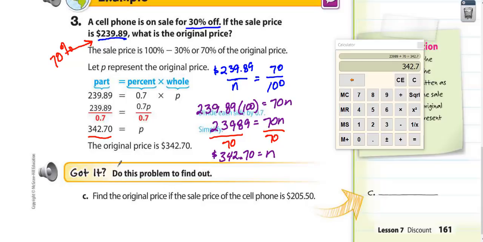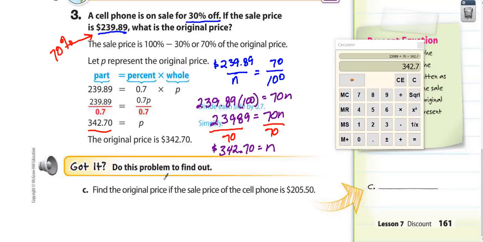Okay, go ahead now and do part C. Find the original price. Let me scroll down just a little bit. Find the original price if the sale price had been $205.50. So you're still using this piece of information that it's 30% off.